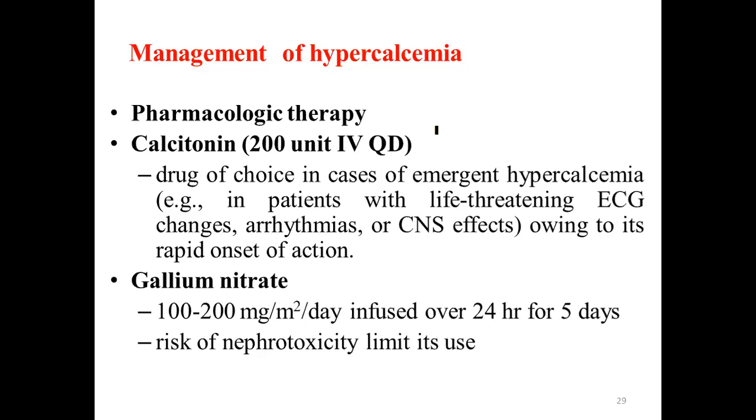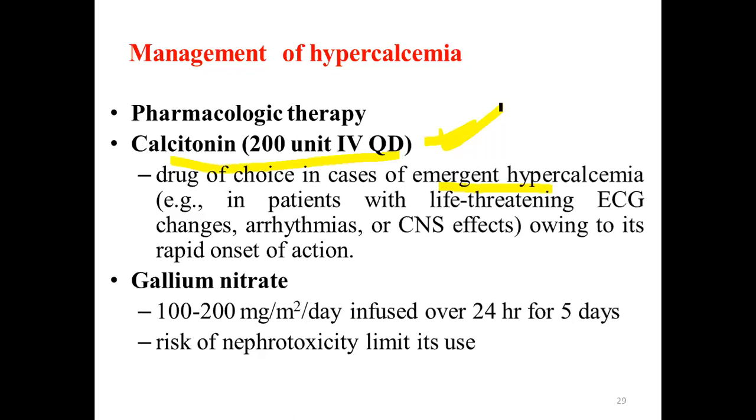So if you want an immediate effect, calcitonin is the drug of choice. Intravenous calcitonin has a very rapid onset of action, so it can reverse life-threatening ECG changes, arrhythmias and CNS effects, and should be given immediately. Mostly this is a recommendation in case of an emergency condition, if it is available.